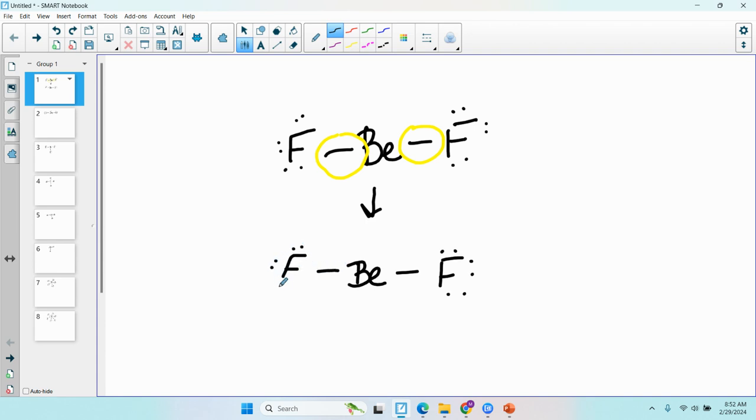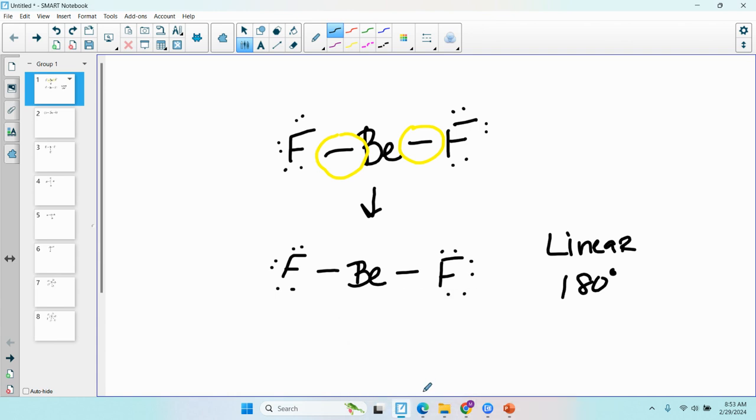This is what your Lewis structure looks like. This is linear. This is 180 degrees. Linear, 180, straight line, straight across. Your Lewis structure and your shape both look the exact same.